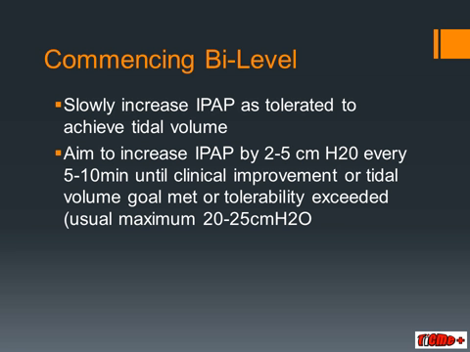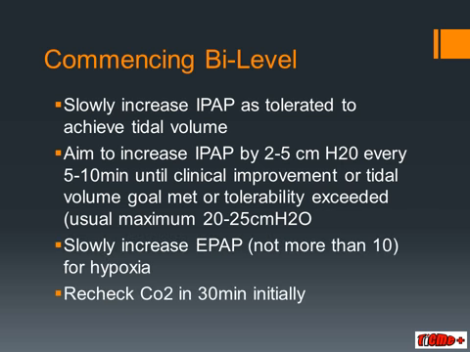Usually the maximum you can deliver through NIV is around 20 to 25 centimetres of water. Anything above this is not well tolerated and creates significant leak. You should slowly increase EPAP, but not more than an EPAP of around 10, because you will encounter air or gas trapping over these values.